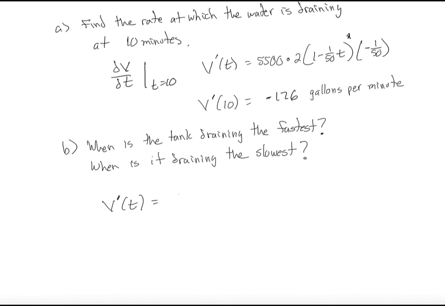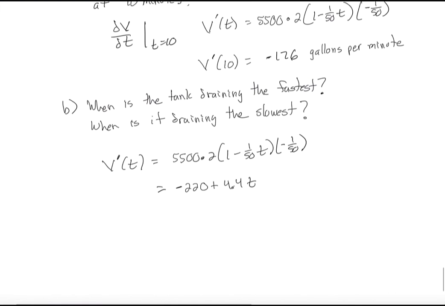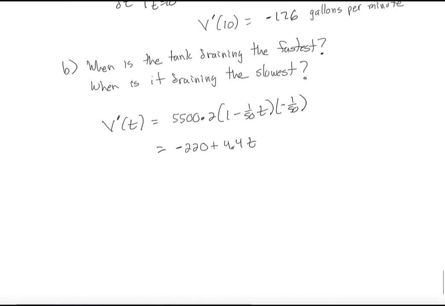If I take my 5,500 times 2 times (1 minus 1/50 t) to the first, times negative 1/50, and I simplify that expression, I get negative 220 plus 4.4t. And I'm looking for the minimum and the maximum, right? When is the rate of change the largest, and when is it the smallest?